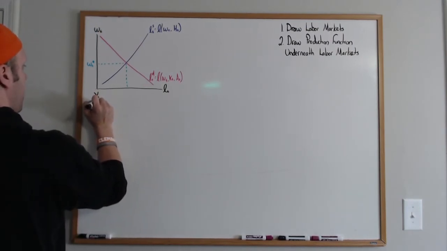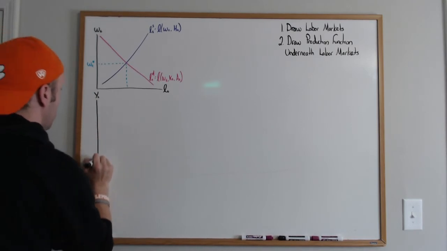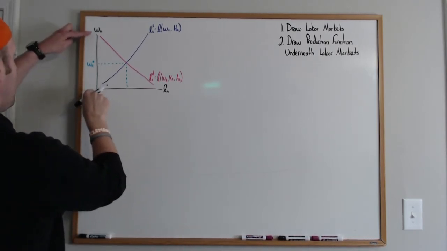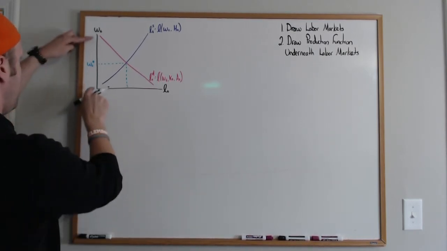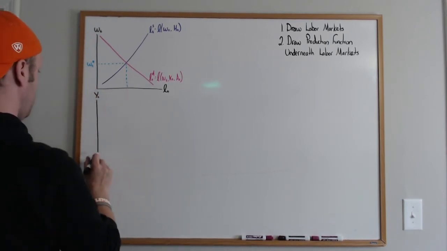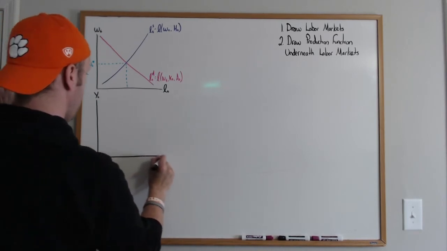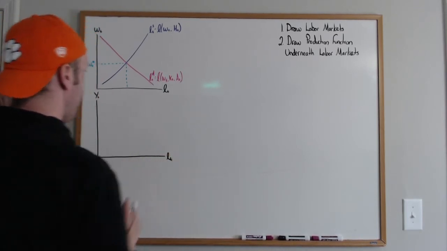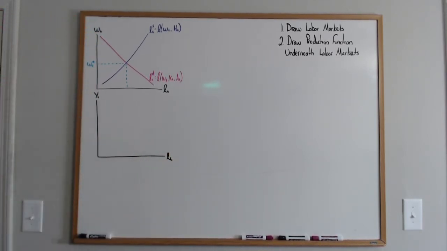So how do we do the production function? Well, remember we had Y, output, as a function of labor, right? Well, the vertical axes are different, right?